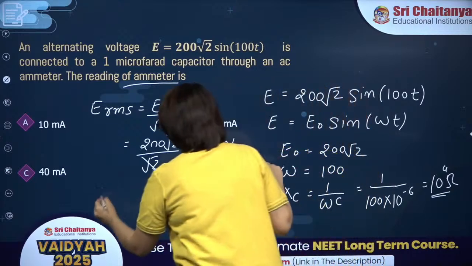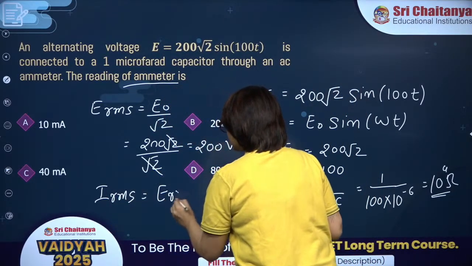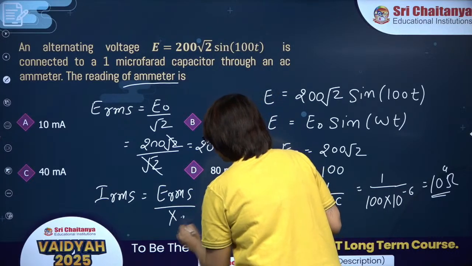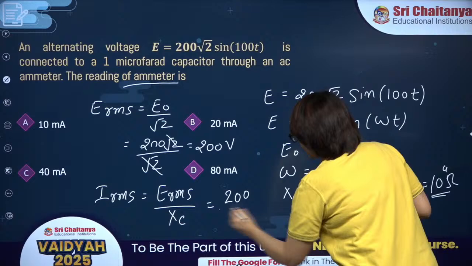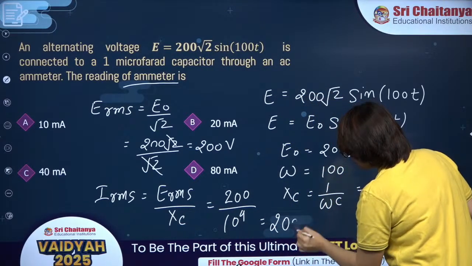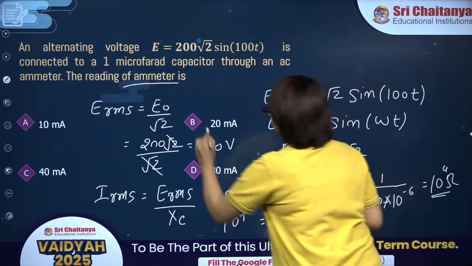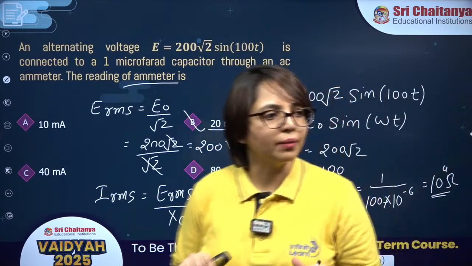Now IRMS will be ERMS divided by XC. So ERMS is 200, XC is 10 to the power 4, so it is 20 milliampere. So correct answer is option B. Option B was correct.